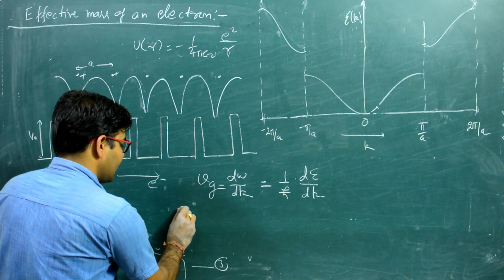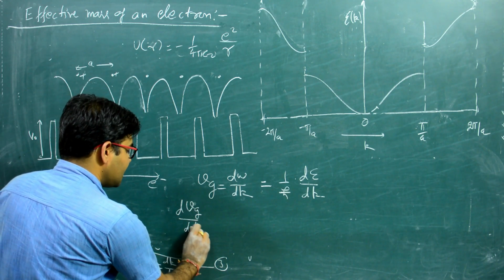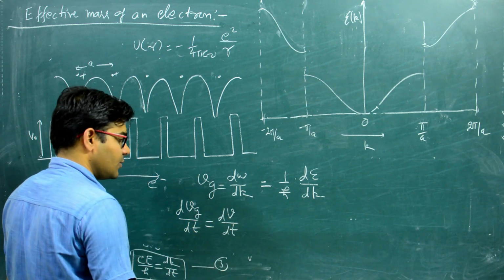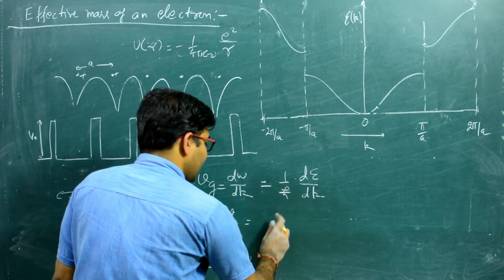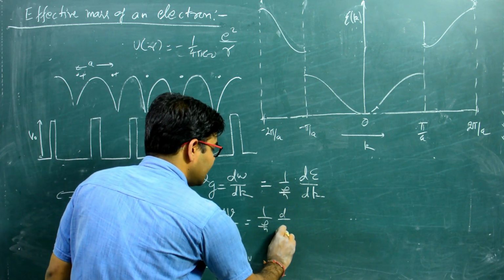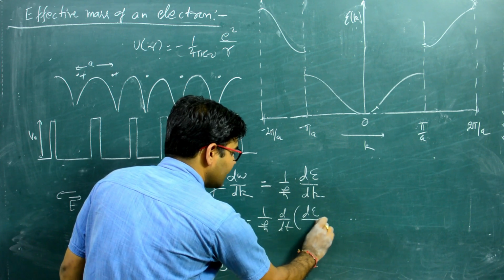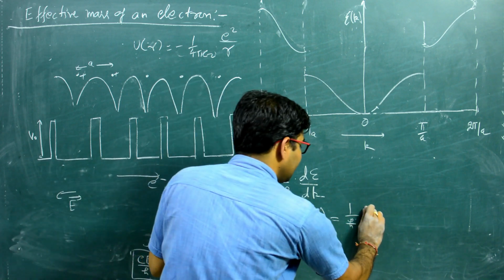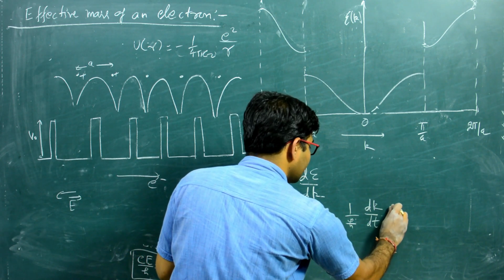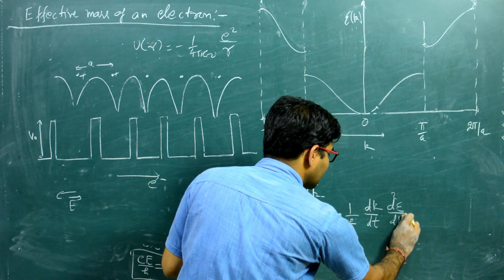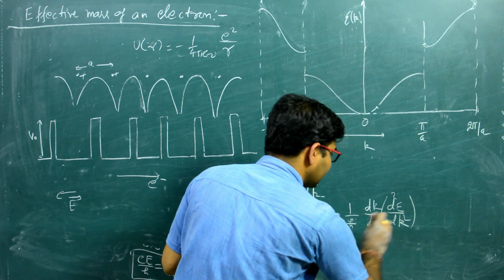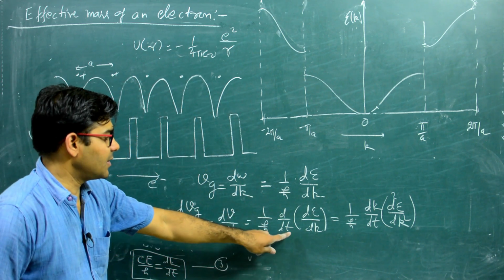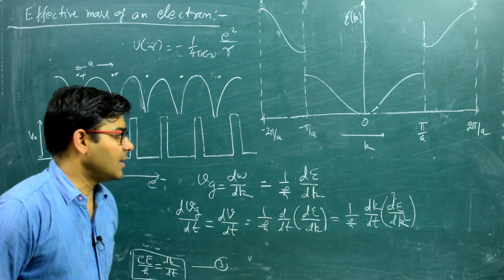If I take the time derivative of this relation, dvg by dt, which is eventually equal to dv by dt, because vg is equal to v, is equal to 1 over h cross d over dt times d epsilon over dk, which can be further written as 1 over h cross dk by dt into d2 epsilon by dk2. This is equal to this if I multiply and divide by dk, so this becomes dk by dt and this becomes d over dk2.